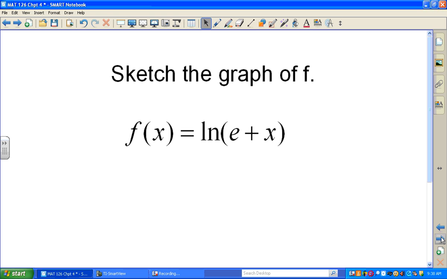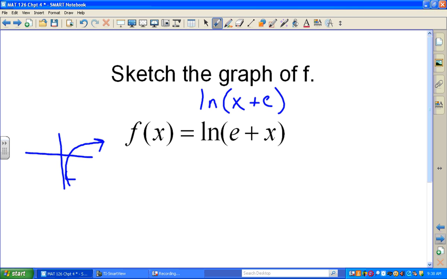Sketch the graph of this. Well, it's not too difficult. If you look at it this way, the natural log of x graph looks like this. What's the plus e? Which way is it going to move it, left or right? Remember, we have f of b times x minus d, plus c. Which one is the e going to affect? Left or right?